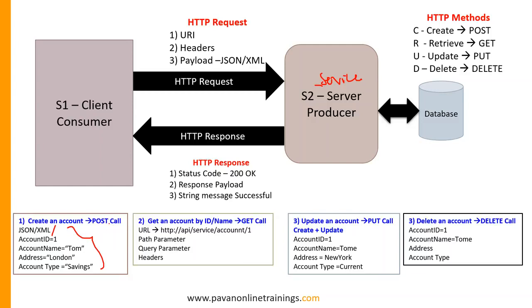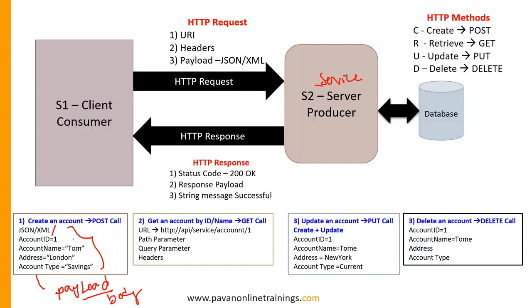Whenever we send a post call, we must send the data. This data is called the payload, or the body of the request. A post request always carries the new data.